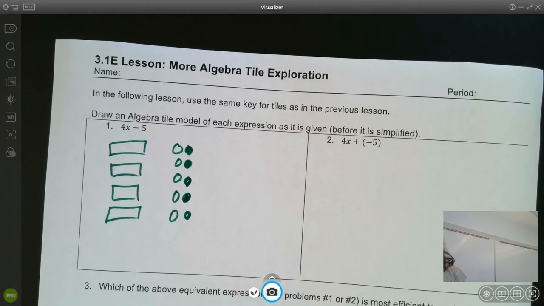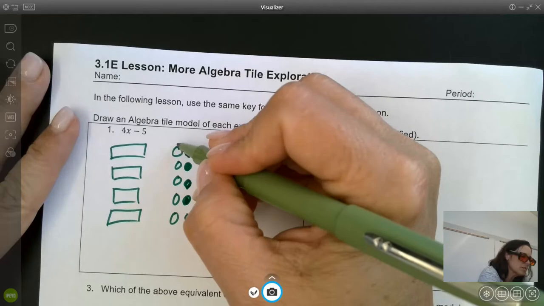Okay, now let me get another color here. We're taking away those. We're taking away 5 positives. That's what that would look like.